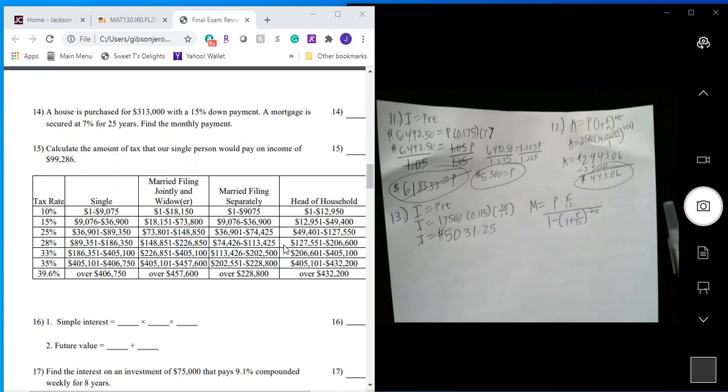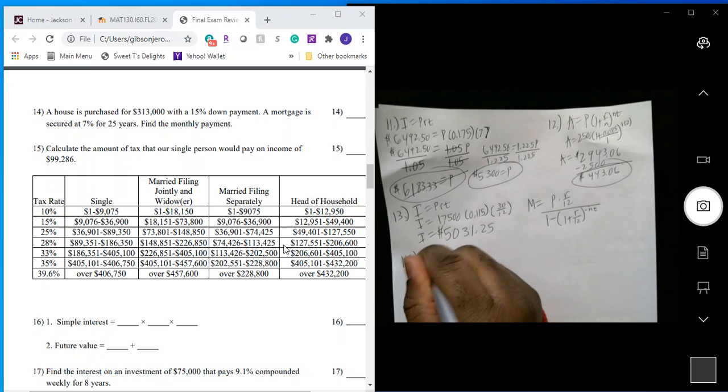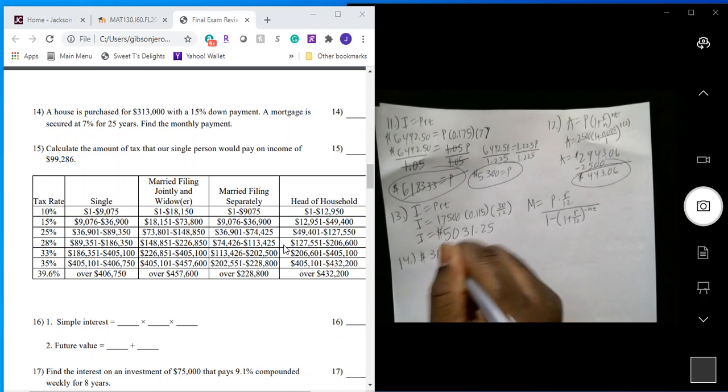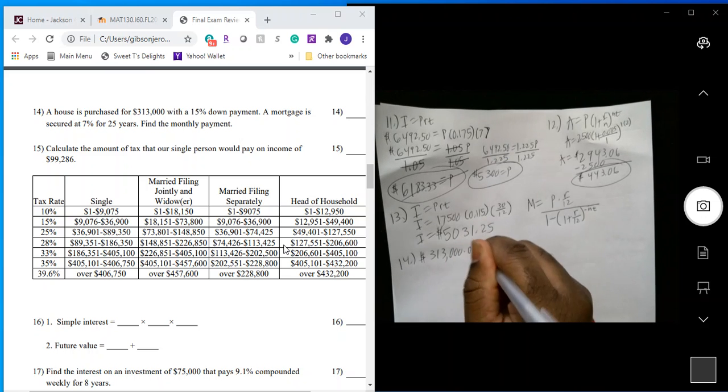All right, so with that being said, now we have to go through and figure out how to get the monthly payment. So it tells us that the house was purchased for $313,000 with a 15% down payment. So first of all, we have to find out what the 15% down payment would be. So we had 313,000 times 0.15.